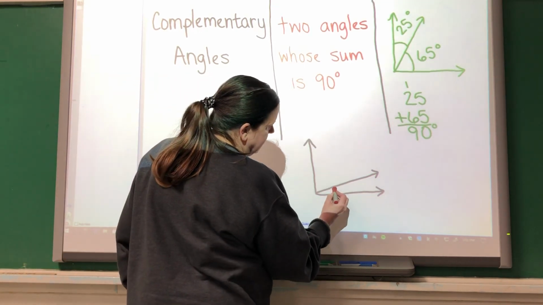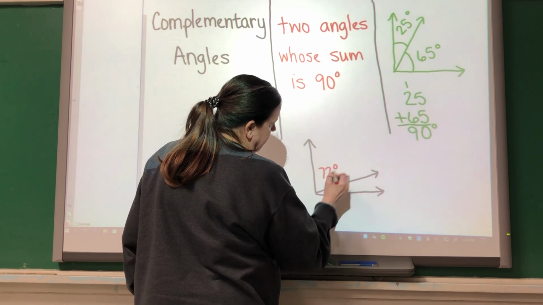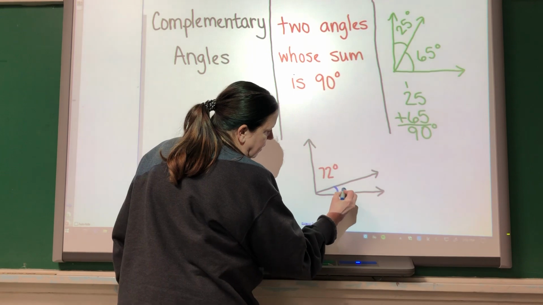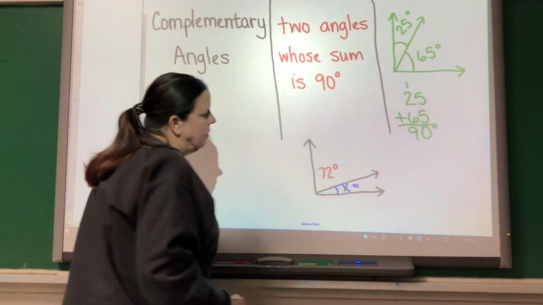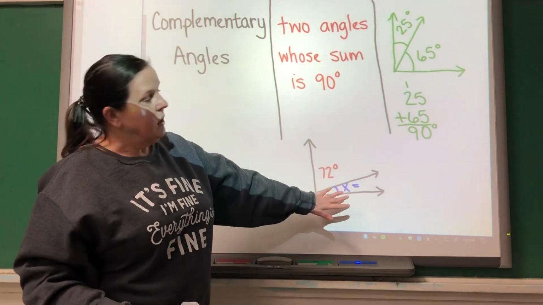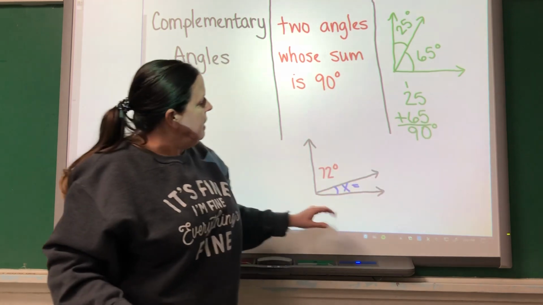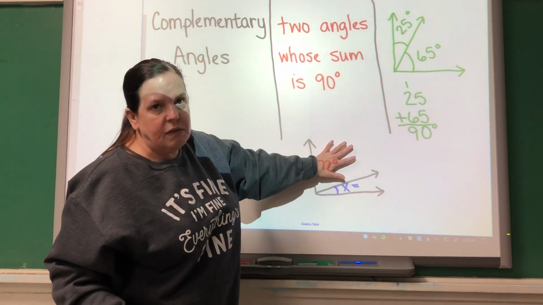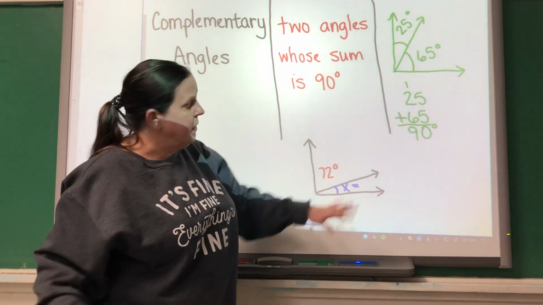So they're going to maybe say this is 72 degrees. So you're going to find out this small angle and we'll just call it X, okay? So to find X, if you add the 2 together to get 90, if we have this 90-degree angle and we know one of the small angles, we can subtract to find the other one.